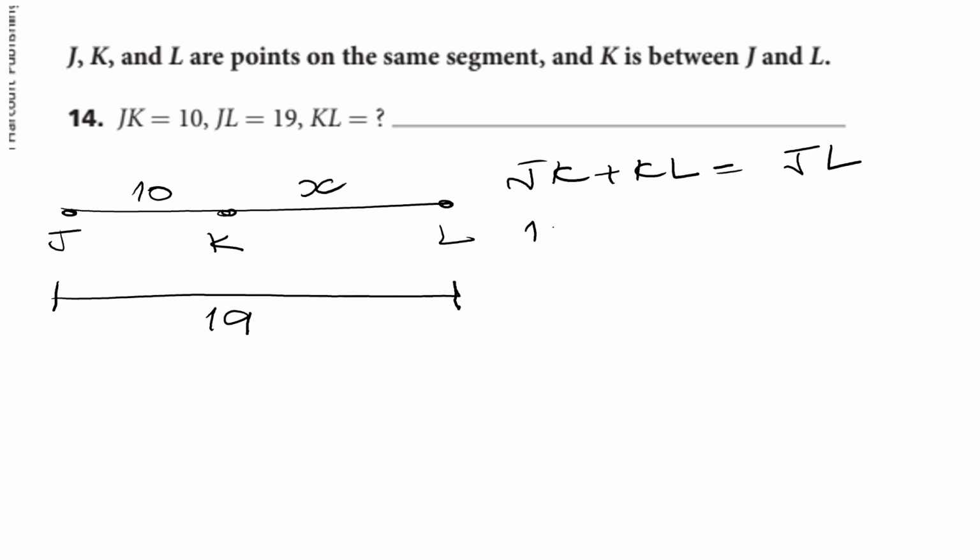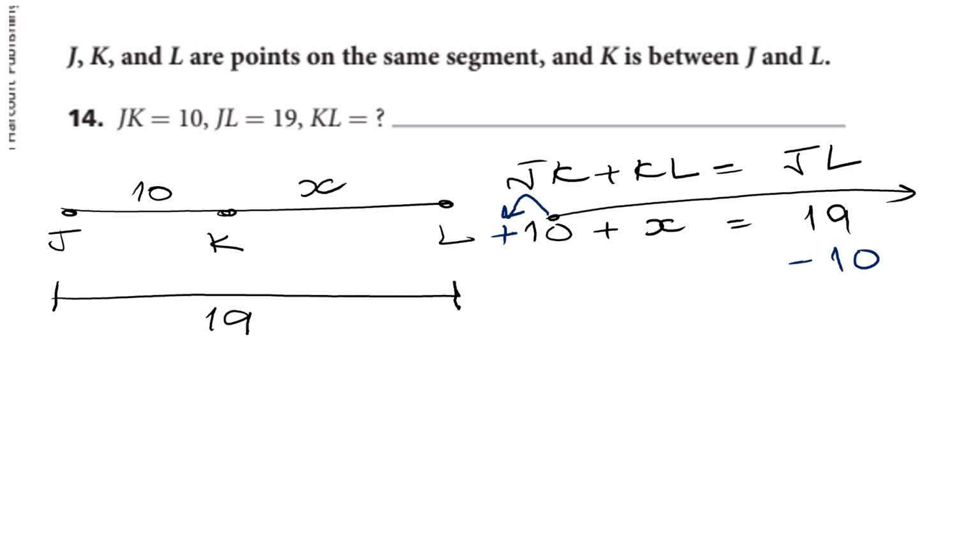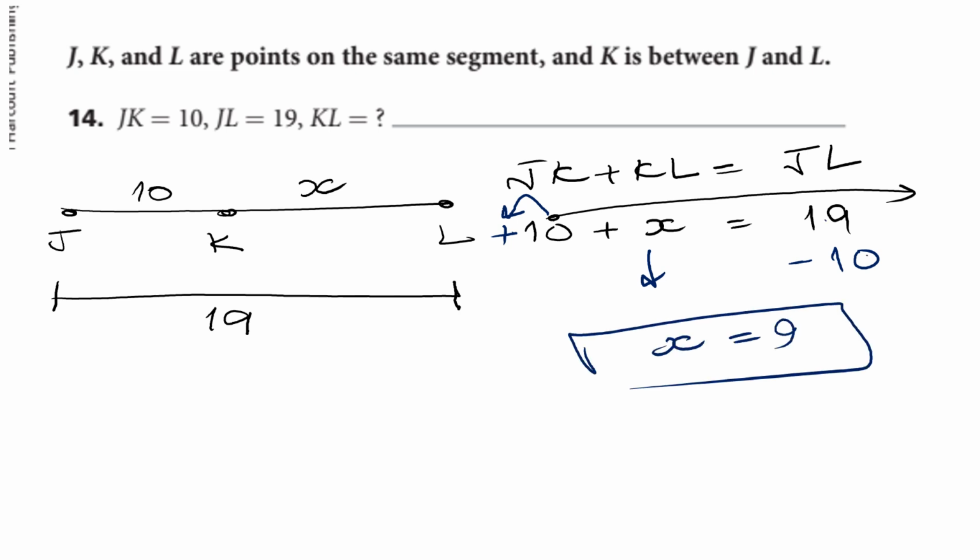So JK is 10, KL you don't know, that is X, and JL is 19. So what do we do? We bring the 10 on the other side. Now what is the sign before the 10? It is plus. So this plus 10 goes on the other side, it will become negative 10. Now from this side we have only X equals 19 minus 10 is 9. So the KL is equal to 9.